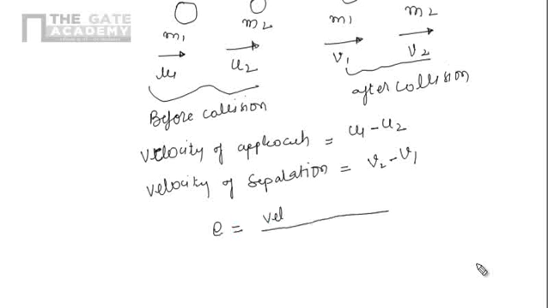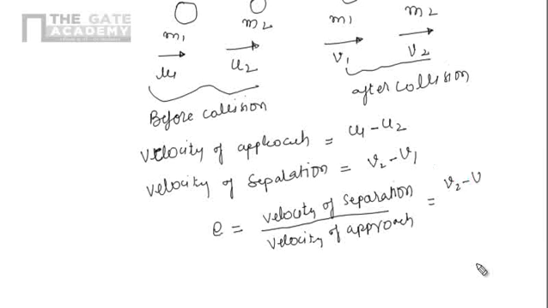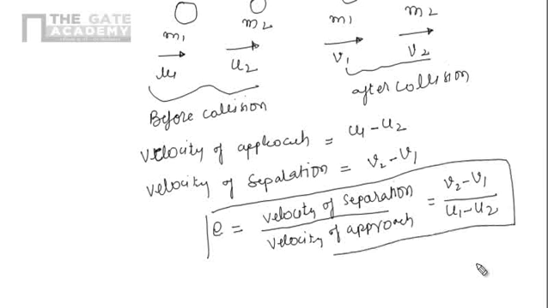It is nothing but velocity of separation divided by velocity of approach. So we can define it as v2 minus v1 divided by u1 minus u2. This is the desired expression for e, that is v2 minus v1 divided by u1 minus u2.